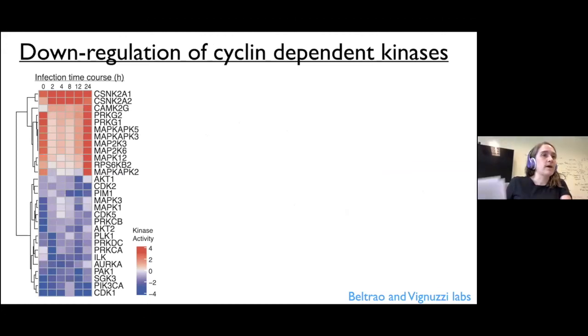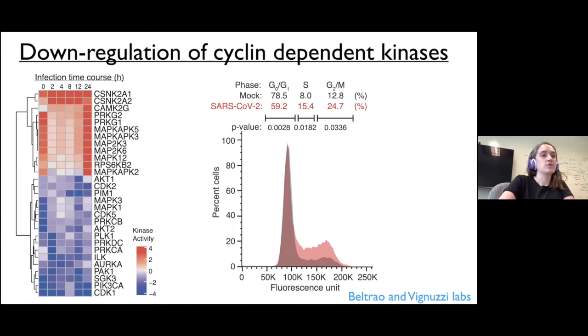Additionally, we found downregulation of many cyclin-dependent kinases. As shown here in the heat map, we have CDK2, CDK5, and CDK1, which are all downregulated in activity upon viral infection. To probe this a little further, we assumed that this might change the distribution of the proteome and what stage of the cell cycle it's in.